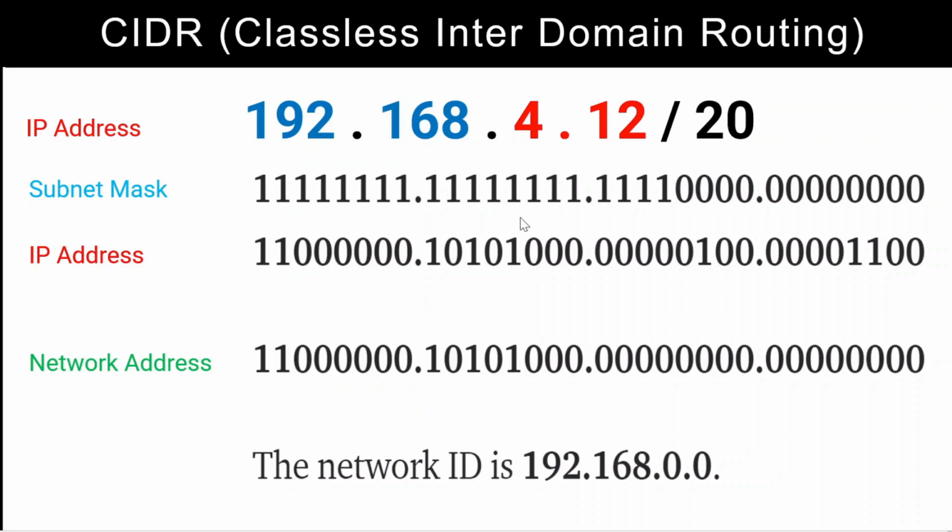In this subnet mask, all the bits which represent the network are set to 1 and all the host bits are set to 0. First 20 bits are set to 1 and last 12 bits are set to 0. And it shows the binary representation of the IP address, and this is the result of the AND operation between these two. If we do the AND operation, then we get the network address in this binary format, which results in this IP address, and this is the octet representation of the network address that determines your network.